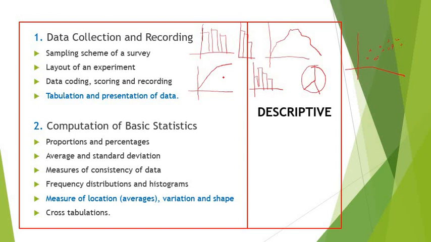For the measures of central tendencies, variation and shape, it could be in this form. I would like to draw a normal distribution. With this, you may have your mean, or it could be your median or mode.